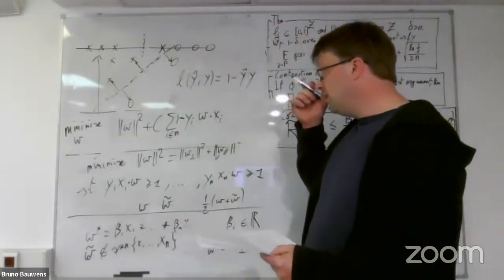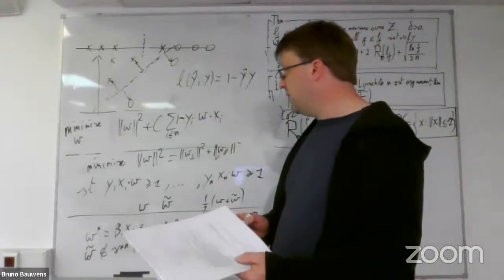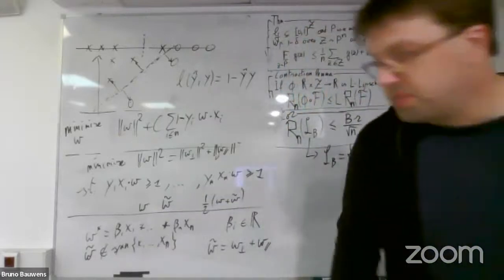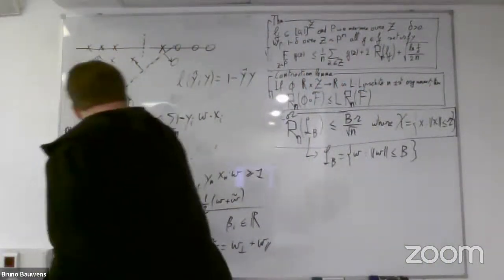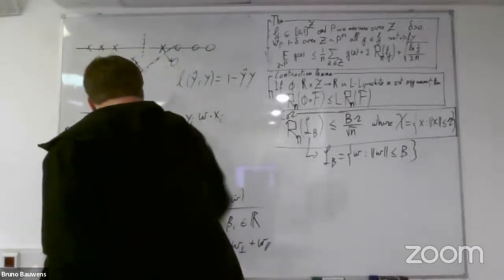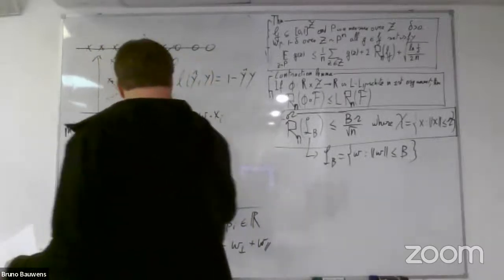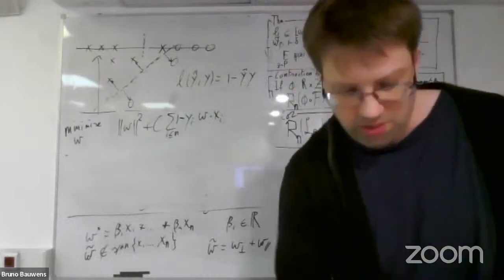Okay. Another interesting thing is that we had the risk bound for the perceptron algorithm in the agnostic setting. And so let's compare these risk bounds.